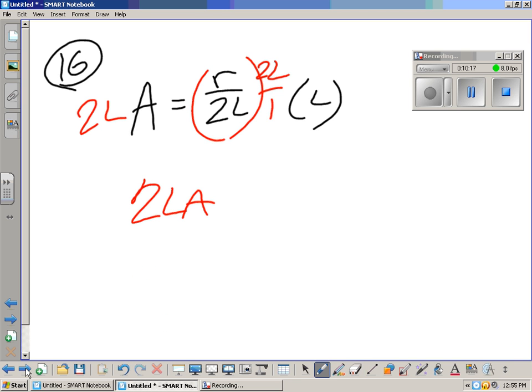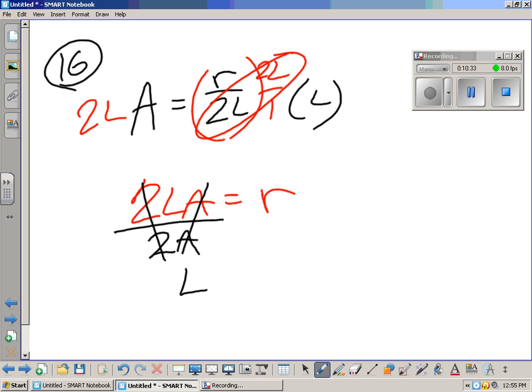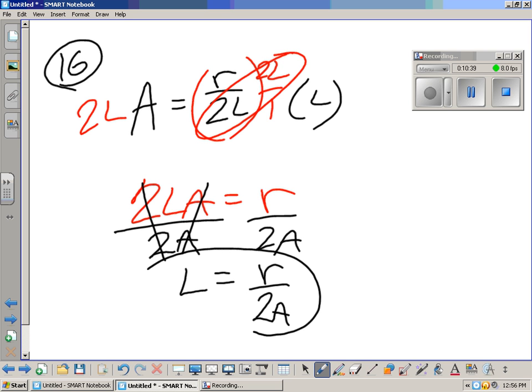So 2 times L times A is equal to, on this side, 2L divided by 2L gives me 1, so I'm left with 1R. I'm trying to get L alone, so I'm going to divide by 2A. 2 divided by 2 is 1, A divided by A is 1, so 1 times L is just L. On the other side, I also had to divide by 2A, so it's R divided by 2A.